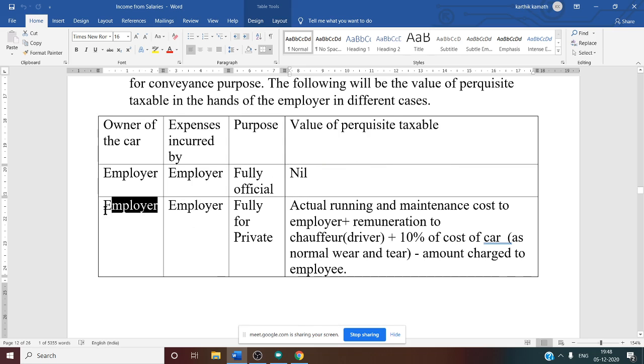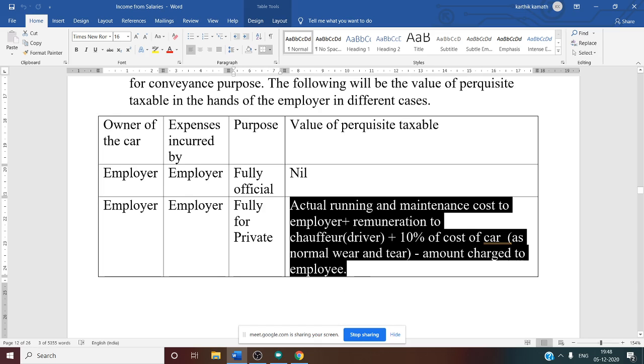Now the second case: the owner of the car is the employer, and expenses are incurred by the employer. Now, use is only for personal, meaning fully private. Whenever it is for personal purpose, there are certain rules. Take the actual running and maintenance cost to the employer, add remuneration to the chauffeur or driver, if a driver is there for that particular car, plus 10% of the cost of the car.